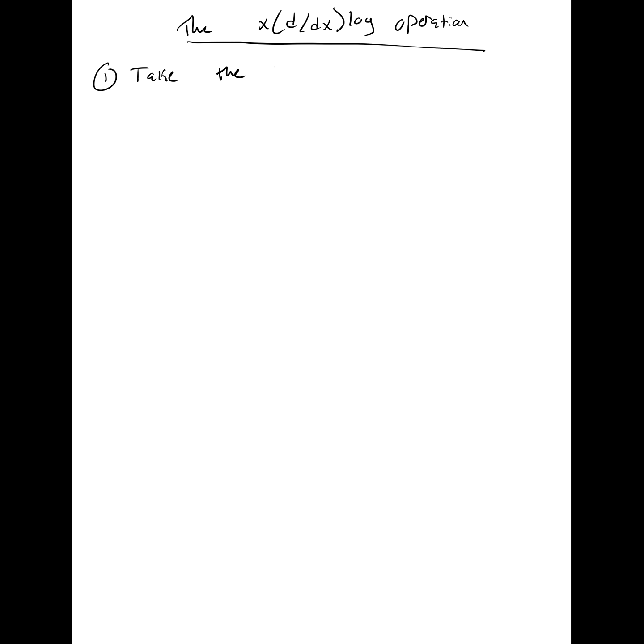So first we'll take the logarithm of both sides. Second, we're going to differentiate both sides and multiply by x. So we multiply through by x.